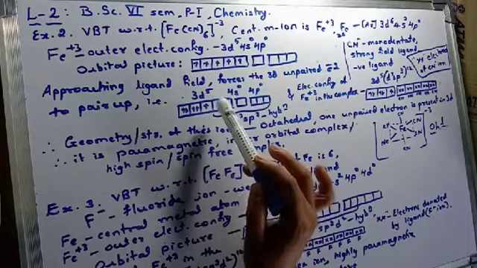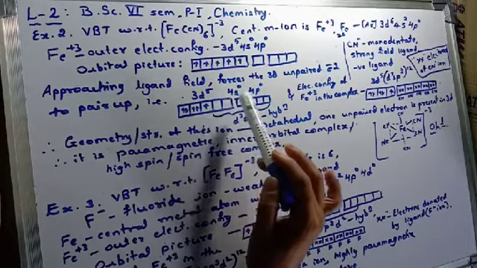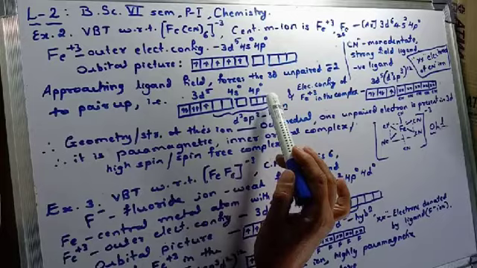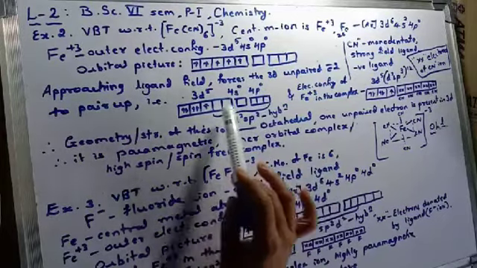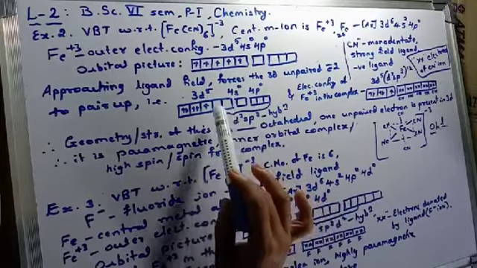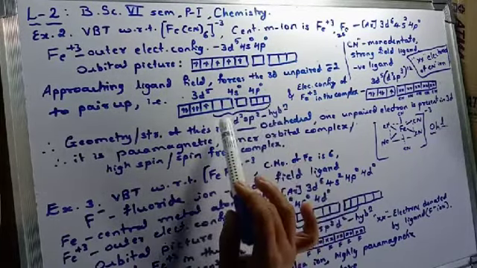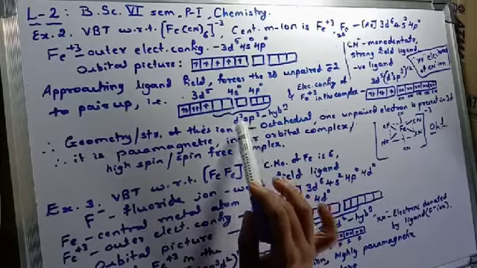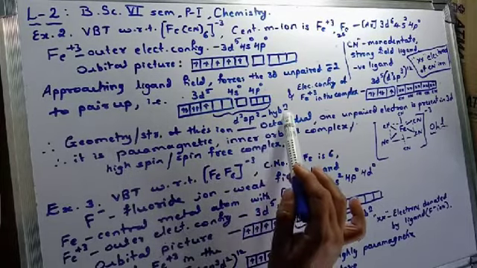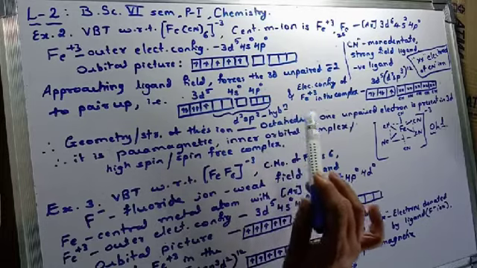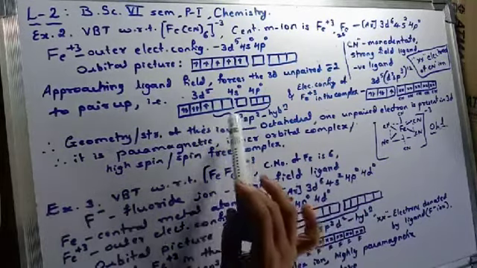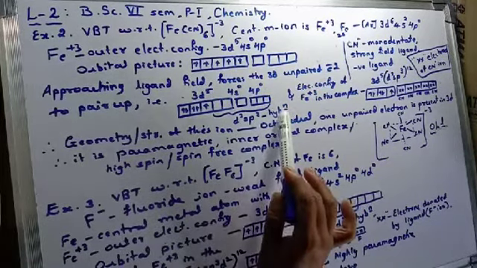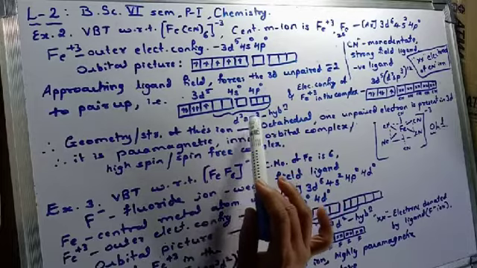Totally 6 atomic orbitals. According to the second postulate, these empty atomic orbitals undergo hybridization, and here the type of hybridization is d2sp3 hybridization.